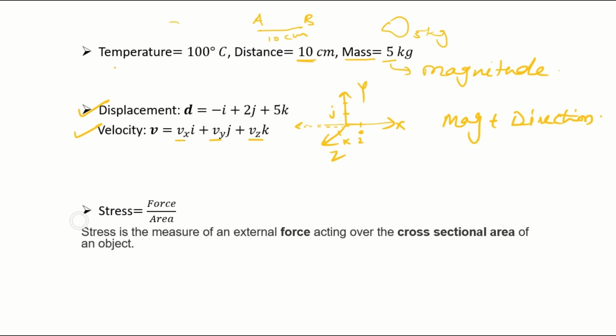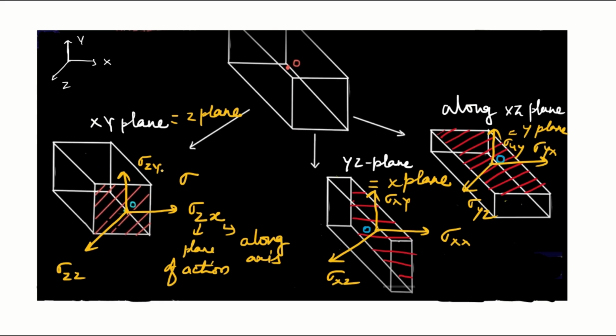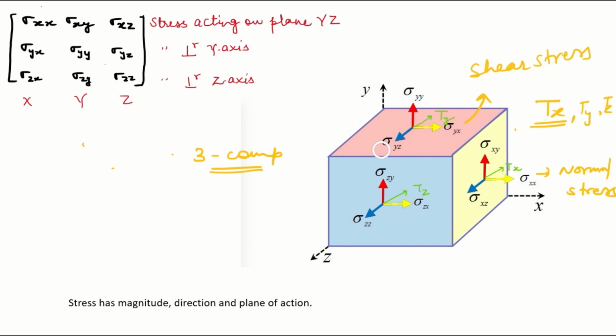Now at the end, what do we consider? Stress. So to represent stress, what do you need? We need magnitude, right? The sigma xx, sigma yz, the component values, that is magnitude, direction, and the other thing is the plane of action, right? So here stress has magnitude, direction and plane of action.